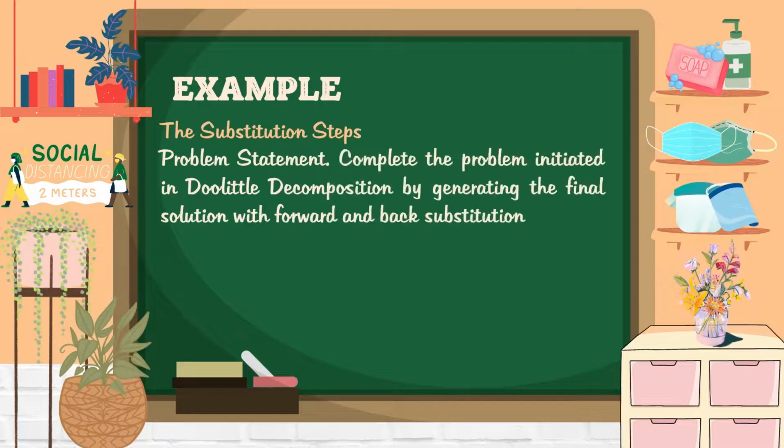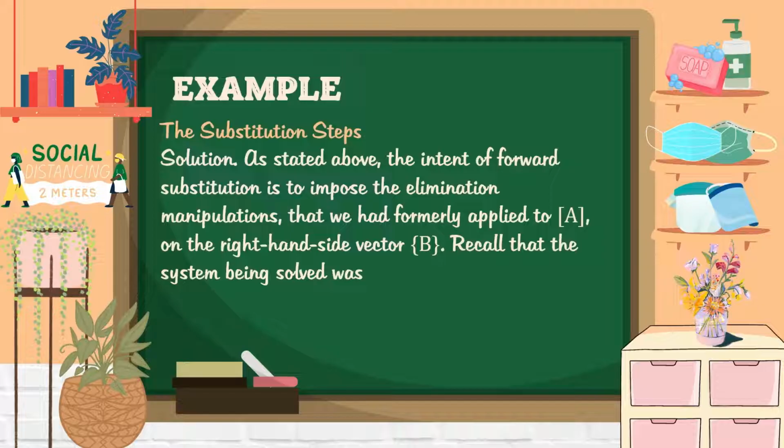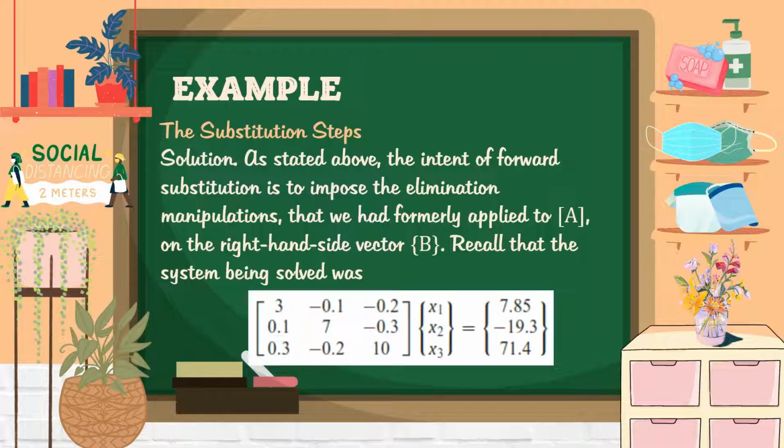For the substitution step, the problem statement is to complete the problem initiated in the LU decomposition by generating the final solution with forward and back substitution. Given the equation, we are now at our substitution step. As stated above, the intent of forward substitution is to impose the elimination manipulation that we had formerly applied to coefficient matrix A on the right-hand side vector B. Recall that the system solved was in this particular form.